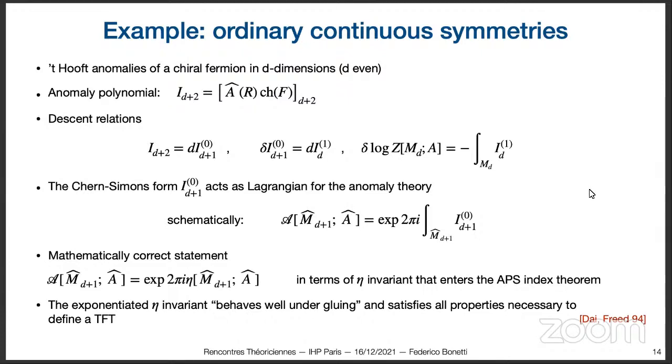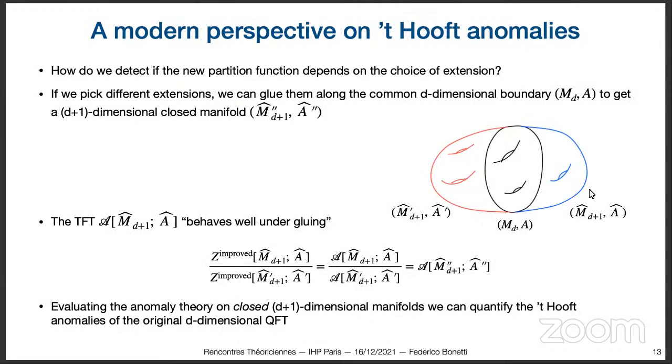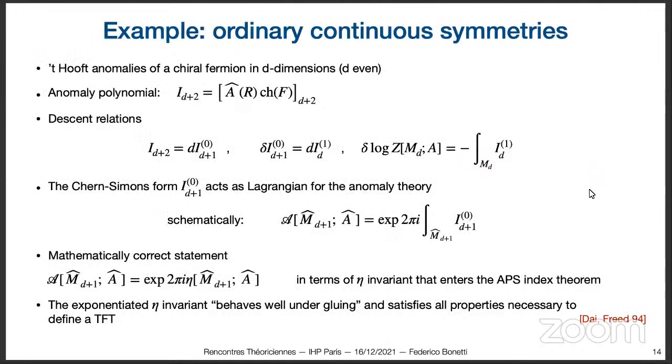And crucially, what these authors demonstrated is that the exponentiated eta invariant satisfies nice gluing properties. When I was playing this game earlier of comparing the blue and the red, gluing that together, I had to use that the anomaly theory is a TFT. So it behaves nicely when I cut manifolds and glue them together, and flip orientations. Those are all non-trivial properties, but the exponentiated eta invariant does indeed satisfy them.